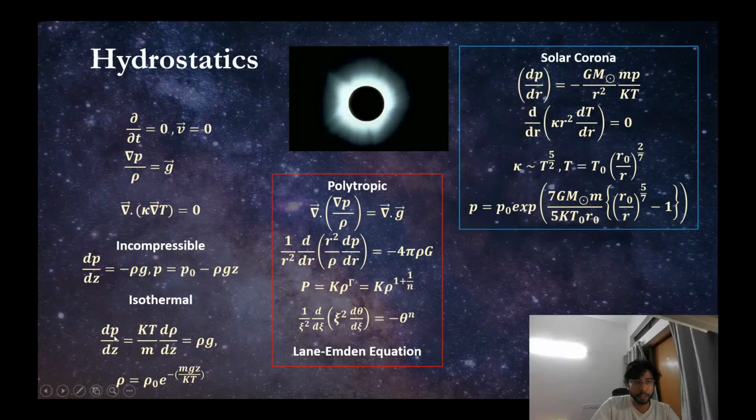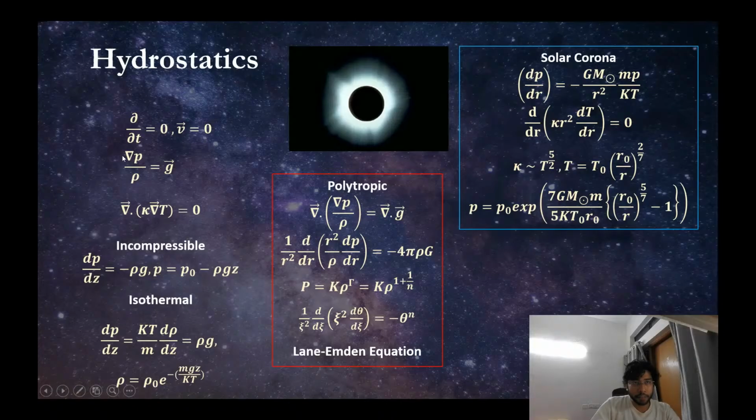So dP/dz would be d/dz of rho kT by m. If you consider T as constant, we get kT by m, and then d rho/dz, right? Why do we do d rho/dz? Because here rho is not constant. Here temperature is constant, so we can take the temperature outside of the differentiation. But there should be some variation of rho with z. So this is just from the ideal gas equation.